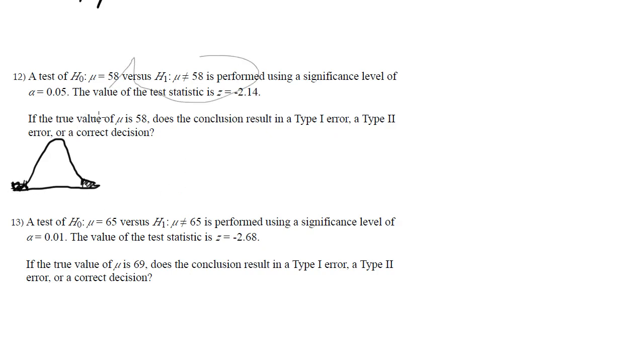This is going to be like the alpha over 2 we use for the confidence intervals. So if this critical region adds up to 0.05, then each of these is 0.025.